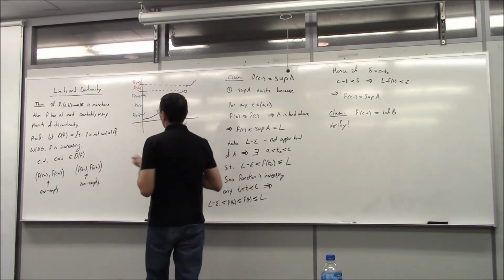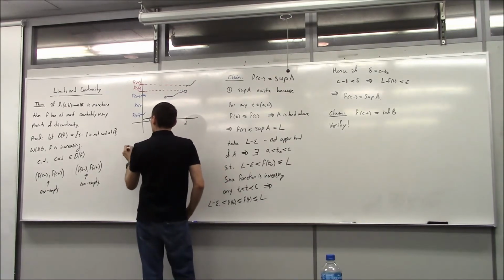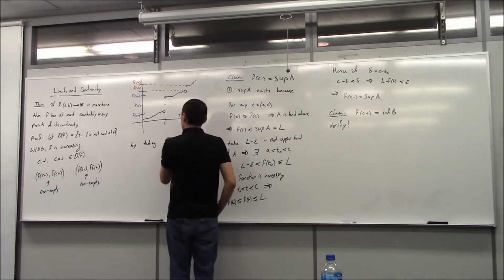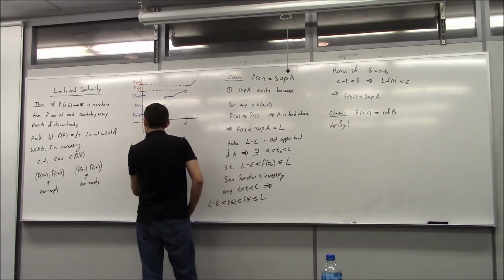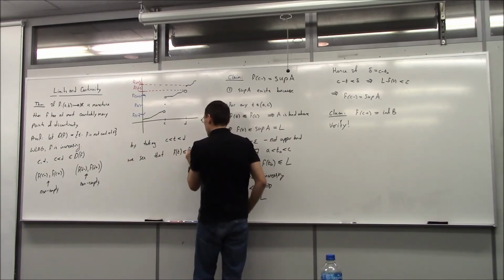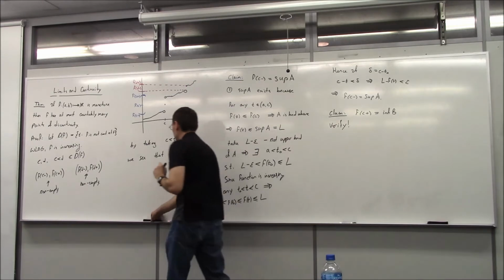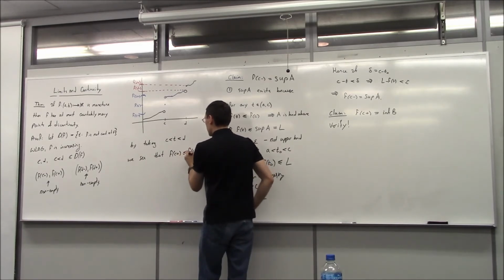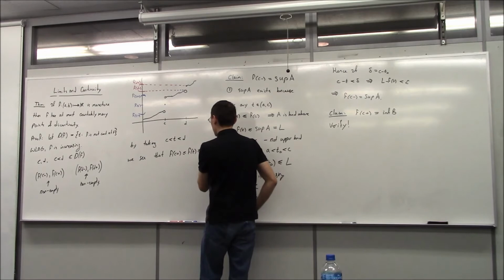So let's quickly try to notice that. By taking t bigger than c and smaller than d, we see that f of c plus is less than or equal to f of t, which is less than or equal to f of d minus.